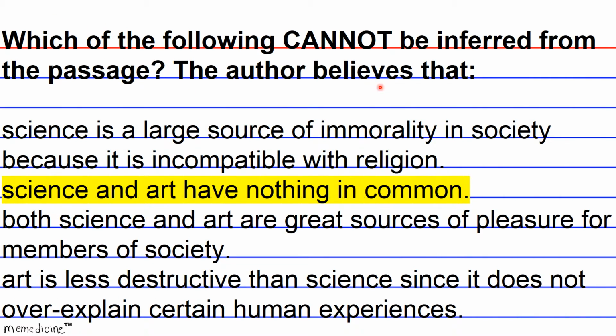All right, so what we have to do here is basically interpret word choices made by the author in the passage. And let's start. In paragraph 3, the author argues that science is, quote, slowly destroying art, as well as the, quote, highest aspirations of the human soul.